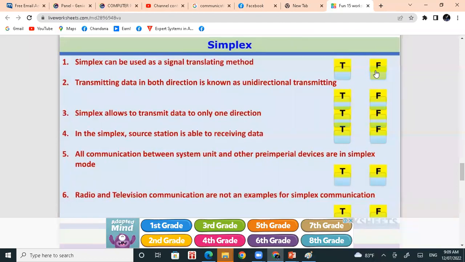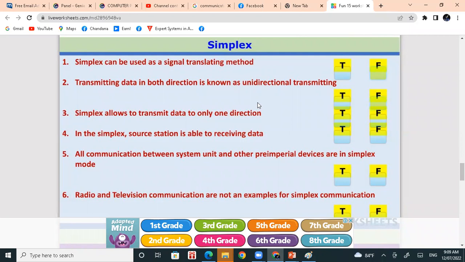Second one, transmitting data in both directions is known as unidirectional transmitting. False. Unidirectional means only one direction, allowing data to transmit in only one direction.